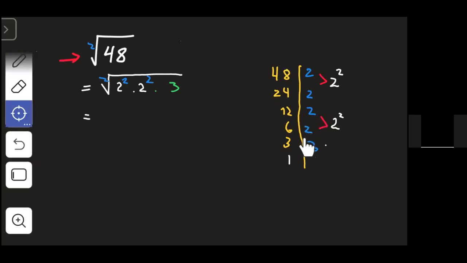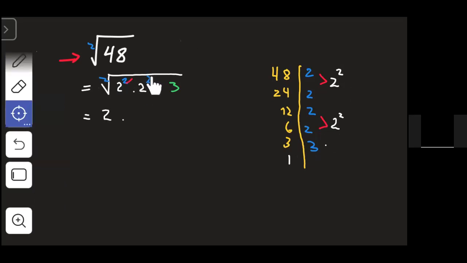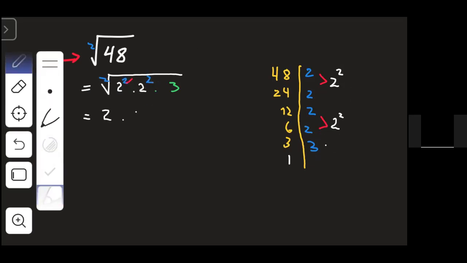We use the prime factorization because we need to cancel out something here. You have the square root of 2 squared, that's going to be just 2. You can cancel the exponent and the index 2. And then 2 squared under the square root is going to be just 2 again. We cancel this exponent because we have the same index.